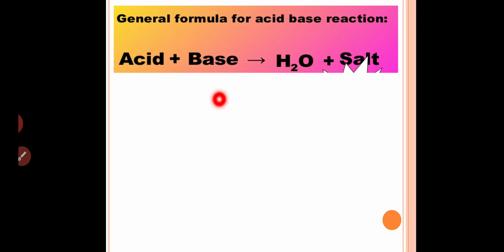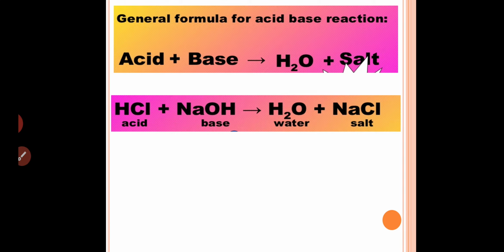So this is the general formula, as we studied: when acid is mixed with a base, it gives water and salt. For example, hydrochloric acid, which we indicate as HCl, when mixed with sodium hydroxide, indicated as NaOH, gives water and salt.